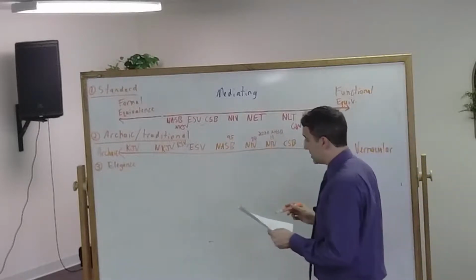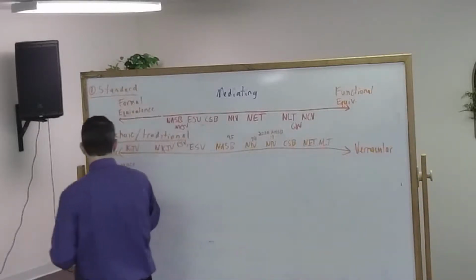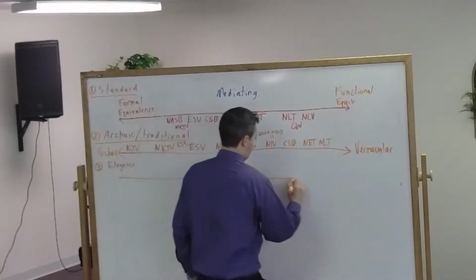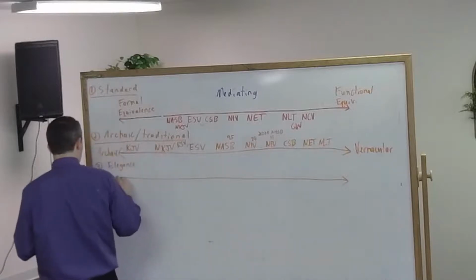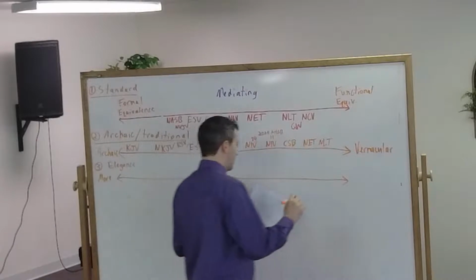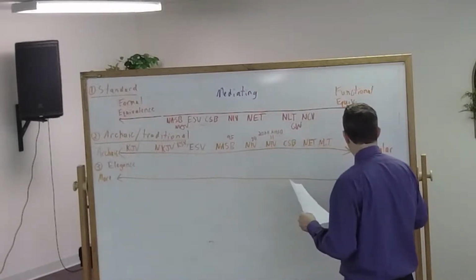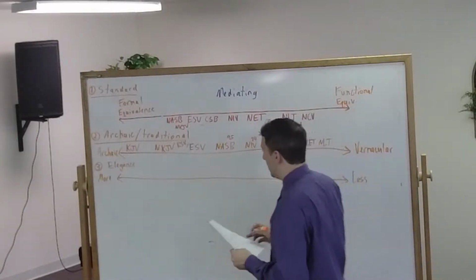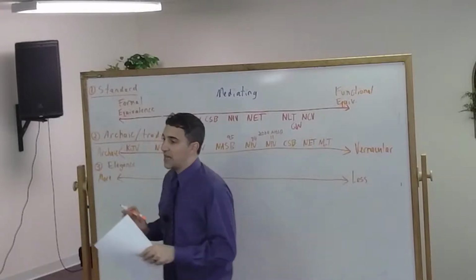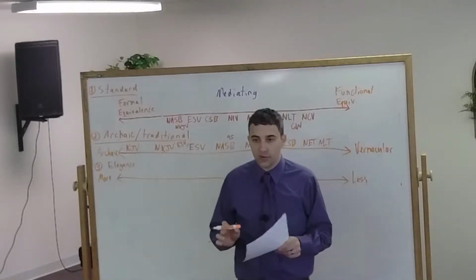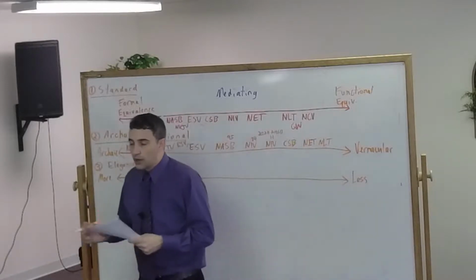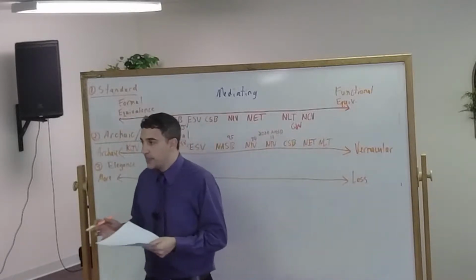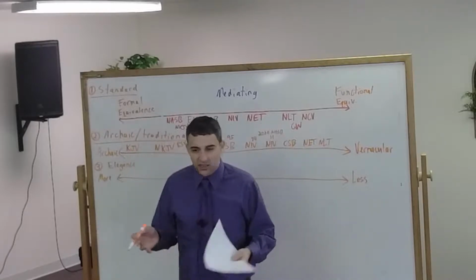Okay, what I was going to say was elegance. So over here, we have more elegant, and over here, you have less elegant. Now, what would most people say is the most elegant translation you can buy today? The KJV. It's got a new cadence to it. Sounds Shakespearean, Elizabethan.